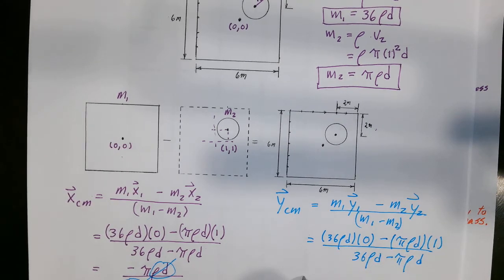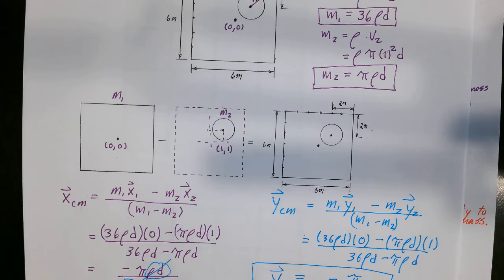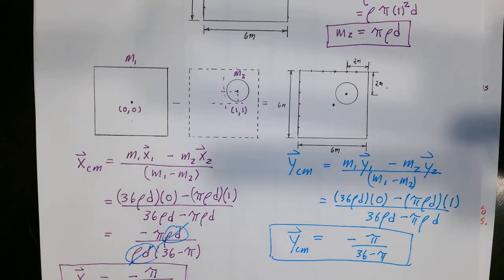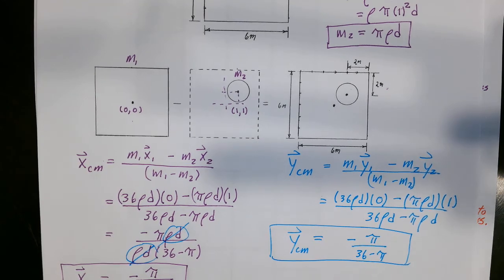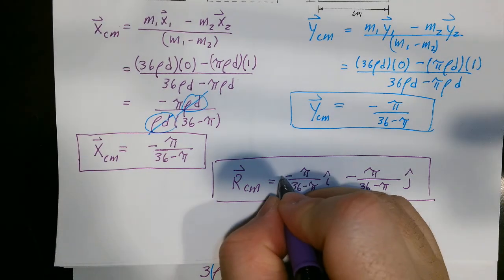So you know that you're going to have negative pi over 36 minus pi for y center of mass. So you can say r sub cm is equal to negative pi over 36 minus pi i hat minus pi over 36 minus pi j hat as your center of mass.